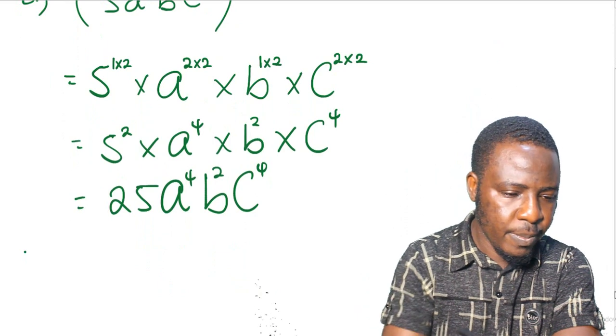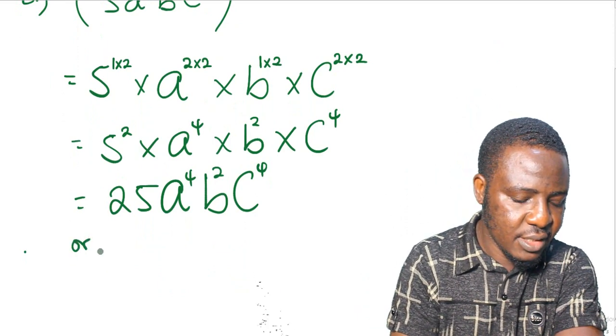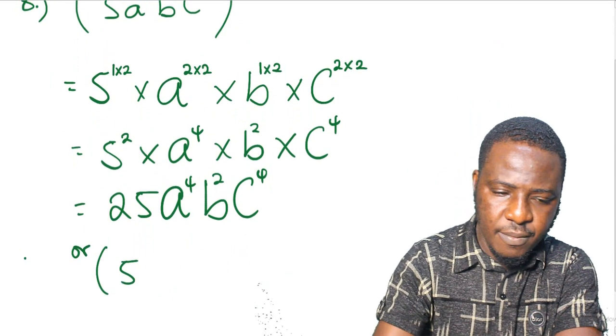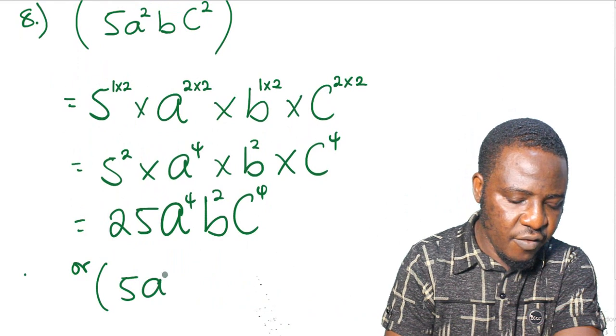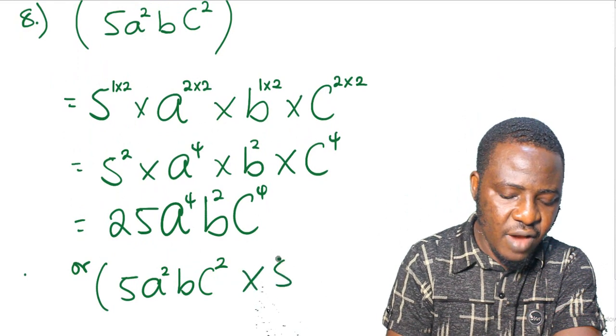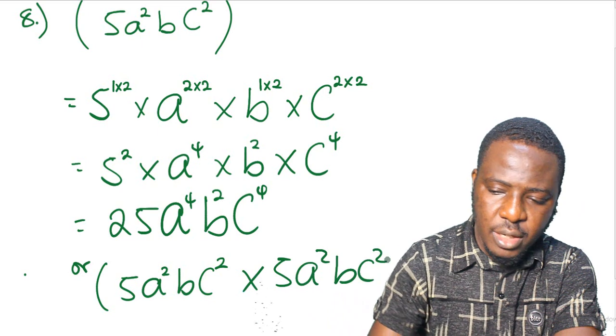Or you can simply simplify this as 5a squared bc squared times 5a squared bc squared.